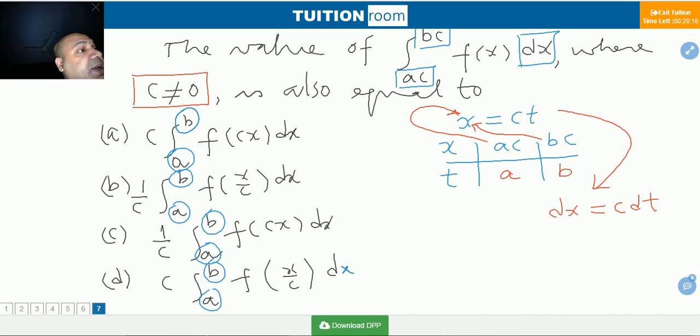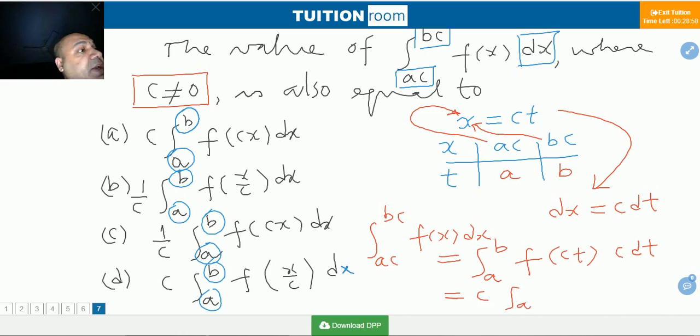Then the given integral from ac to bc of f(x) dx can be written as the integral from a to b, the limit has been changed. In the place of x, we can put ct, and dx can be put as c dt. Make c common: a to b f(ct) dt. c is a constant.